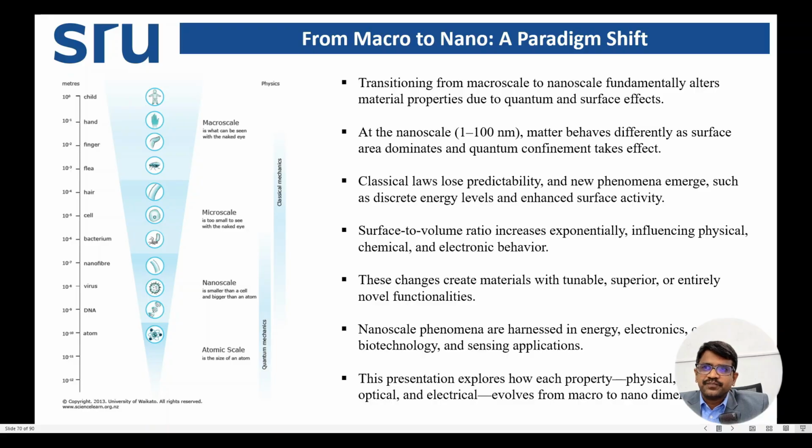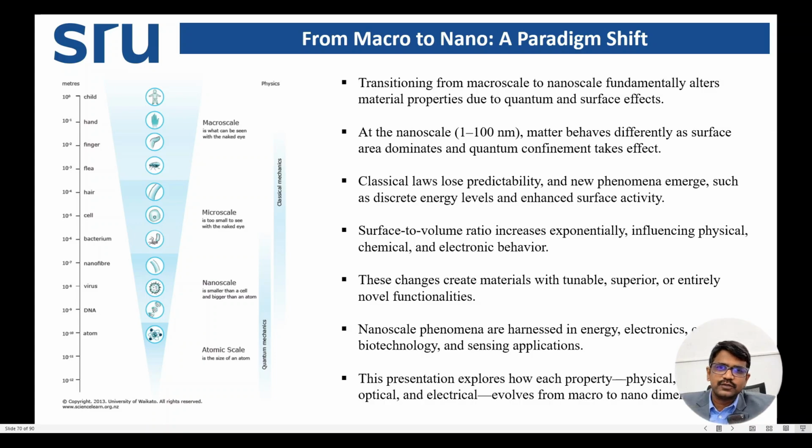Okay, so this lecture explores how each property, when it comes to physical properties, chemical properties, optical properties, and electrical properties, which properties are changing when a material comes from macro level to nano level.